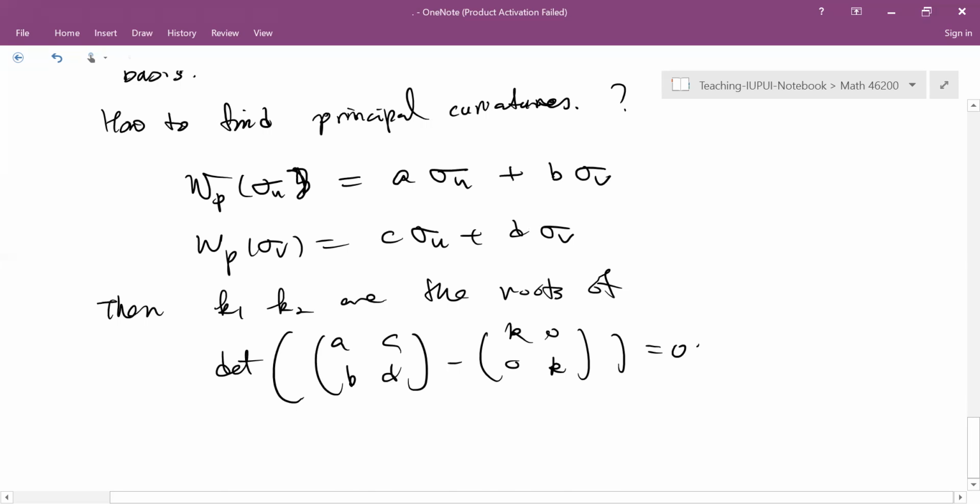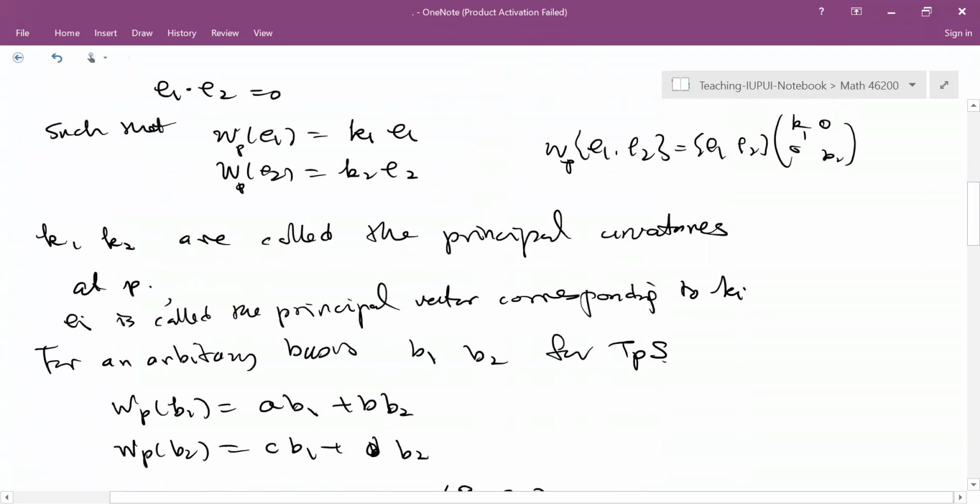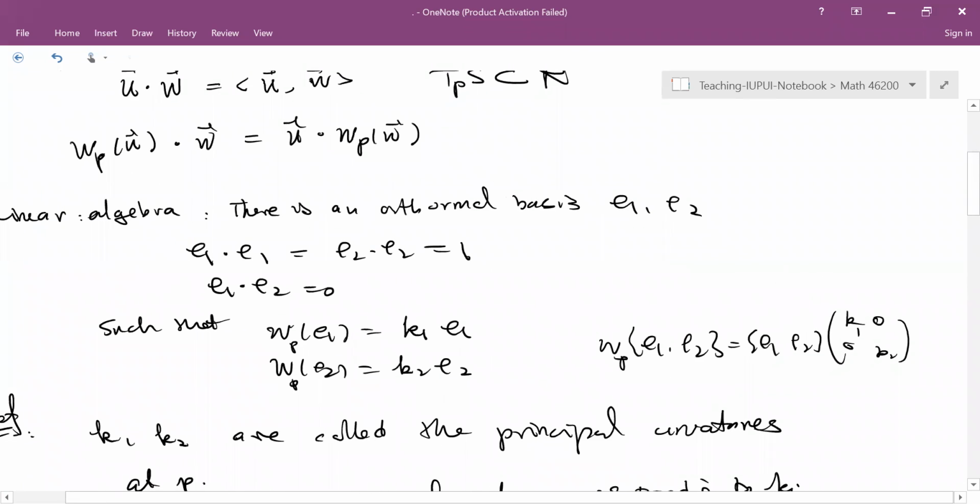Let's go back to what I said at the very beginning. Linear algebra says there is an orthonormal basis E1, E2 satisfying this. What we did is we did not find E1, E2 first.